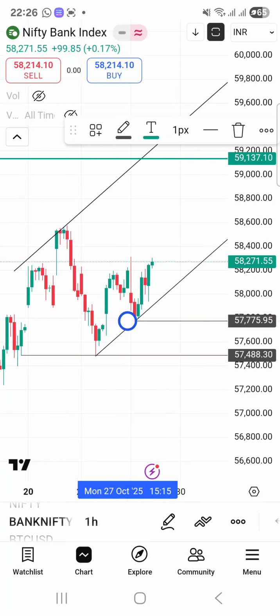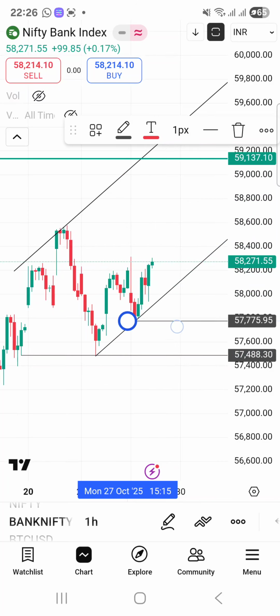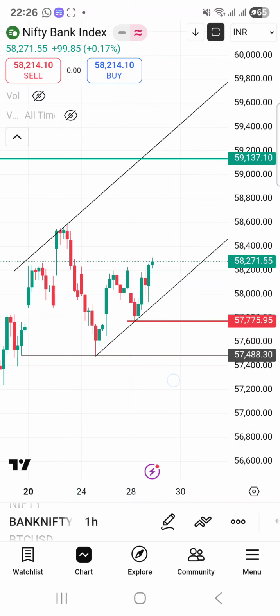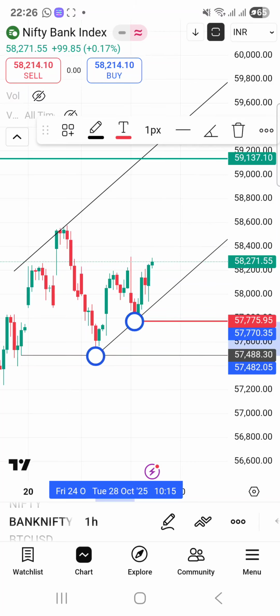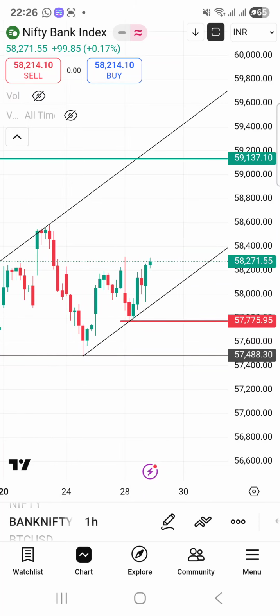The stop loss is this particular low. I'm making it in, say, red color, and this line could be a re-entry line. Okay, we can enter right now, but then when the market opens, when price comes down, we can steadily or immediately think about going long even when the price is falling, assuming that this is a stop loss.